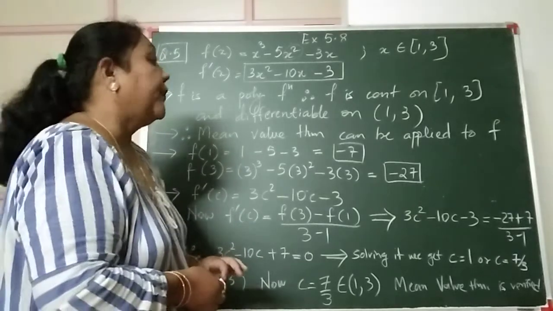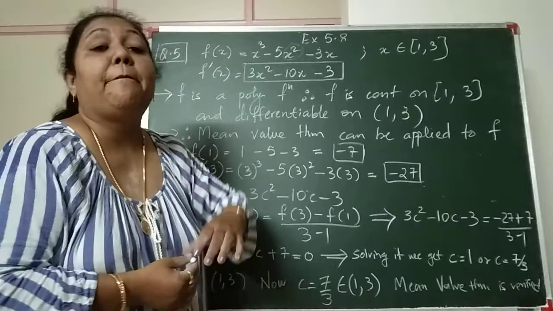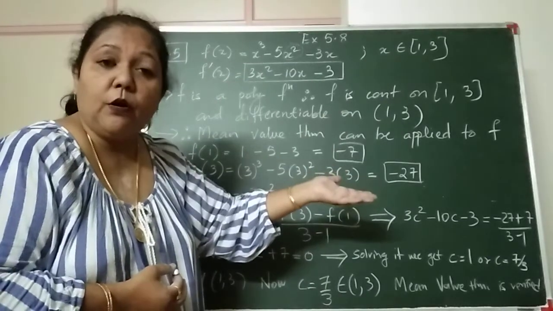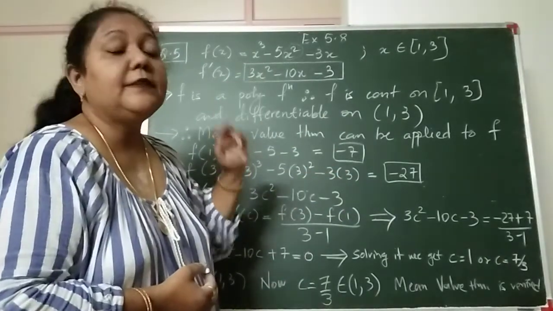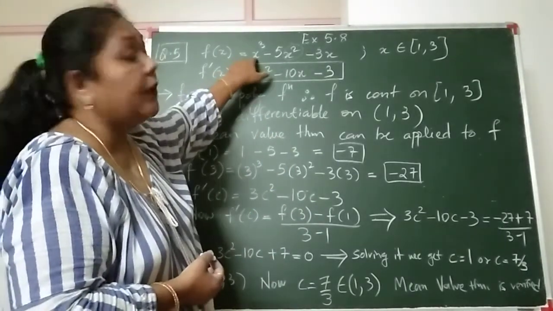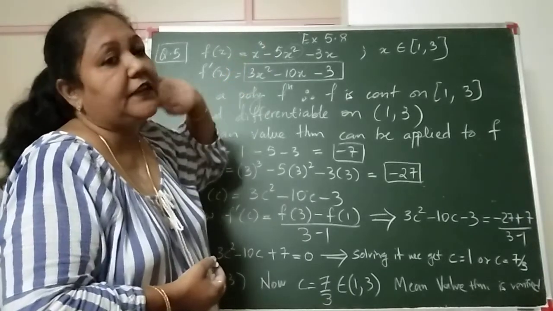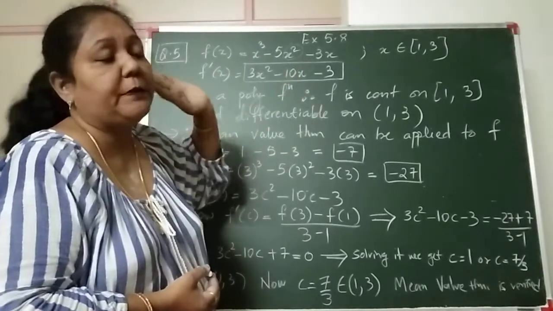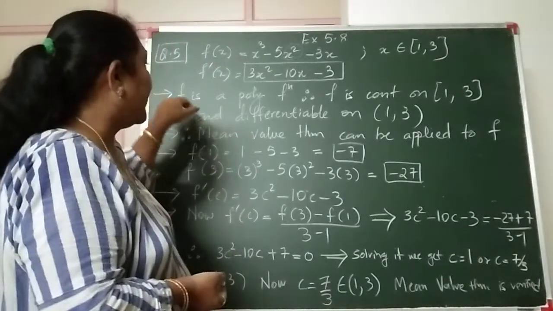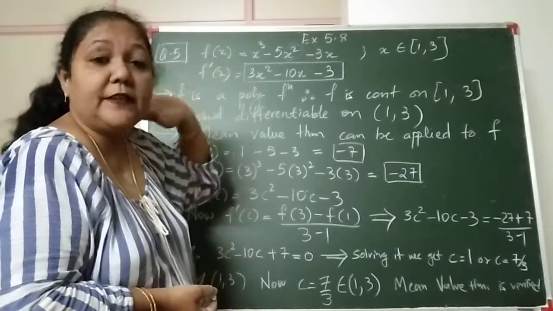Now first, is mean value theorem applicable to your question or no? So the condition is it must be continuous and differentiable. So f is a polynomial function and all polynomial functions are continuous on the closed interval and differentiable on the open interval. So yes, I say f is a polynomial function and therefore yes, it is continuous and differentiable.